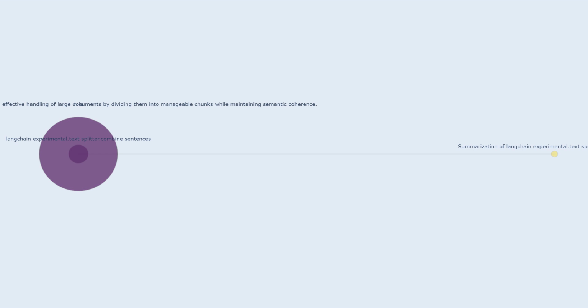This method is used to break down large documents into smaller, more manageable pieces. This process helps to ensure that the meaning of the original text is preserved, and it allows for more efficient processing of the text.